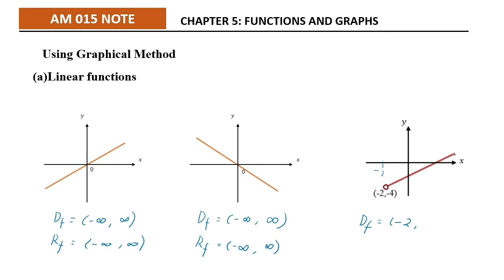There is no stopping point here, so up to infinity. And then range from the y-axis. The graph starts at negative 4. There is no graph below negative 4. So negative 4 is the start of the range of this graph, up to infinity.